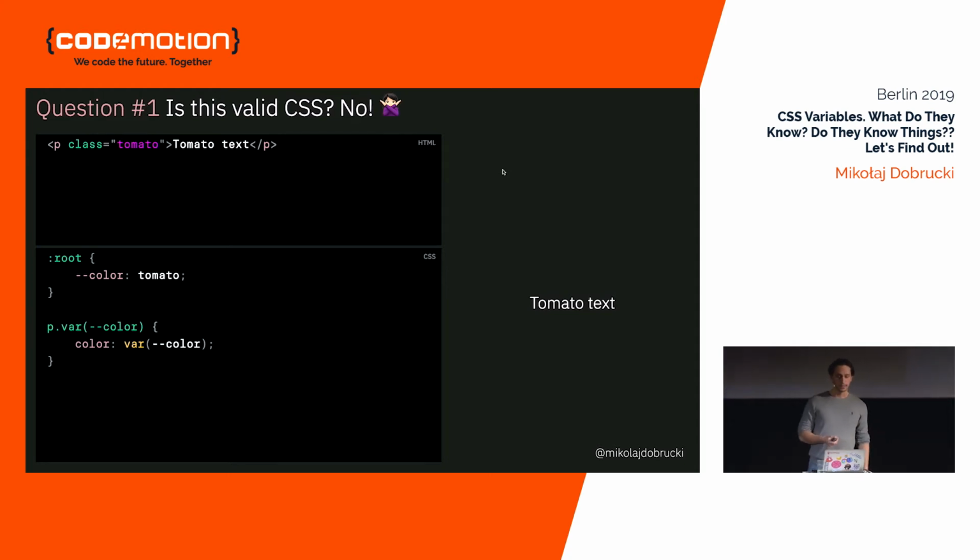And this doesn't work because CSS custom properties have their name for a reason. They are named custom properties because you can use them only in CSS properties. Definitely not in CSS classes. And this is something that would work very well with a preprocessor or JavaScript or whatever. But you cannot achieve this kind of thing just with native CSS.